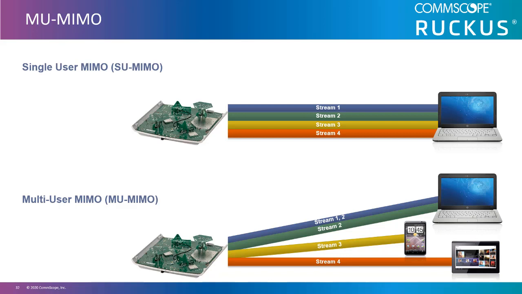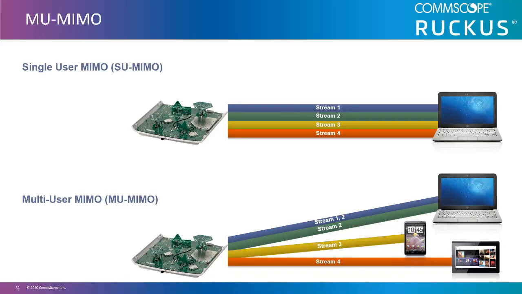In multi-user MIMO, if you have a 4-stream AP like a 720 or a 710 and a 4-stream laptop, it can transmit all 4 streams at the same time using beamforming to direct the beams to the client. However, today this 4-stream laptop really doesn't exist due to power consumption and the overall benefit.